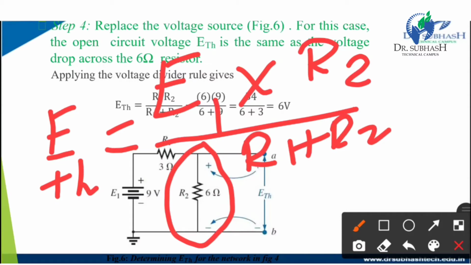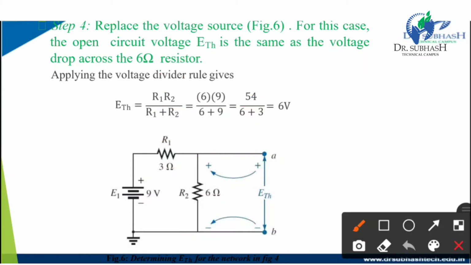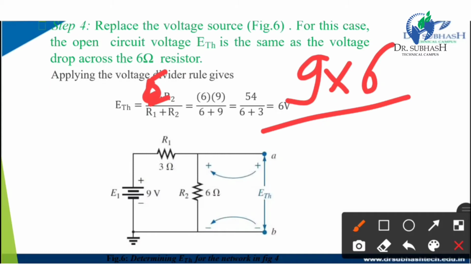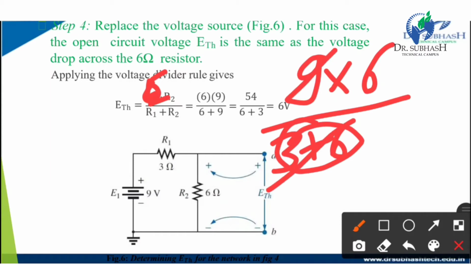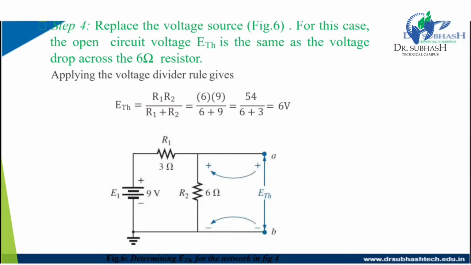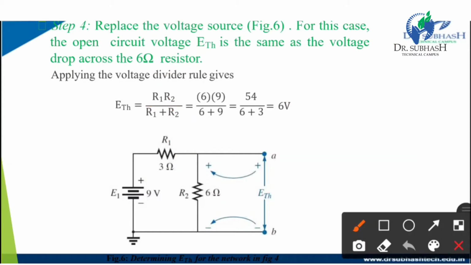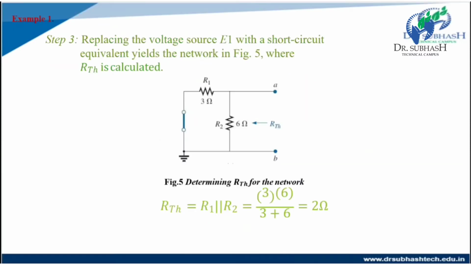So ETH equals E1 multiplied by R2 divided by R1 plus R2. Here not R1, it is E1, a mistake in that. So E1 equals 9, R2 equals 6, divided by R1 plus R2. 3 plus 6 is 9, so 9 will be cancelled. So our ETH answer is 6 volt. So we have now ETH 6 volt and RTH 2 ohm.